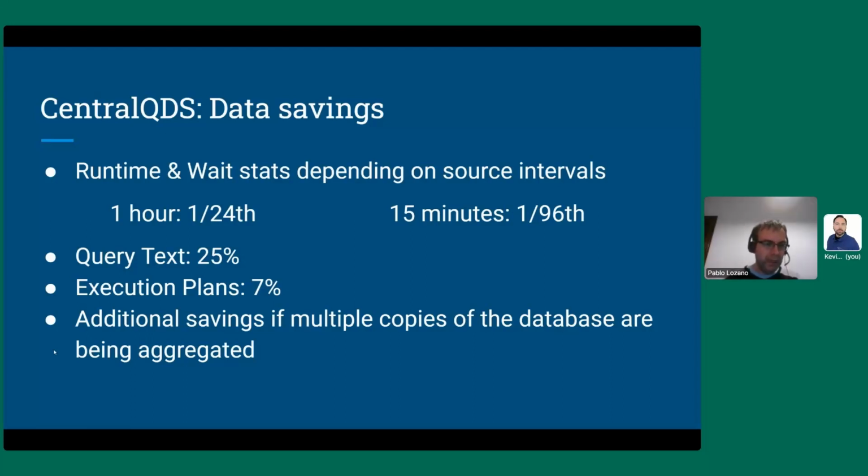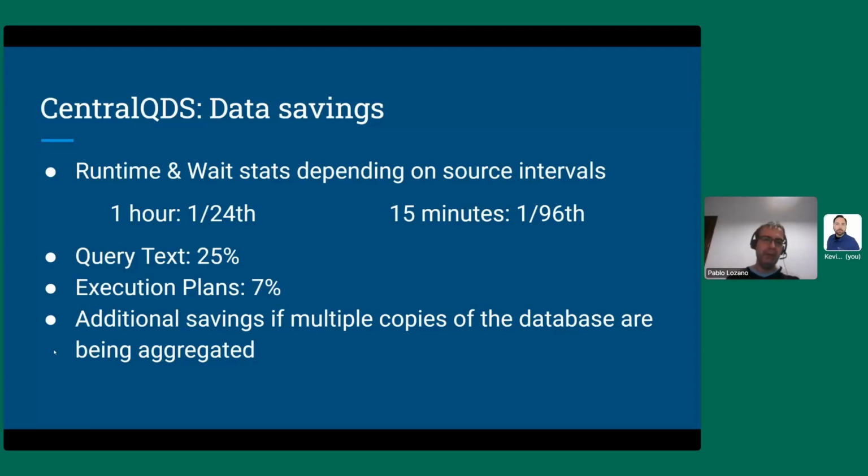And these are some numbers that I got by comparing the query text and just compressing the same query text. So query text is compressed to about 20% of the normal usage, and for execution plans, that goes down to only 7%. And this is just for each database. That's why I mentioned additional levels are applied if multiple copies of the database are being aggregated.